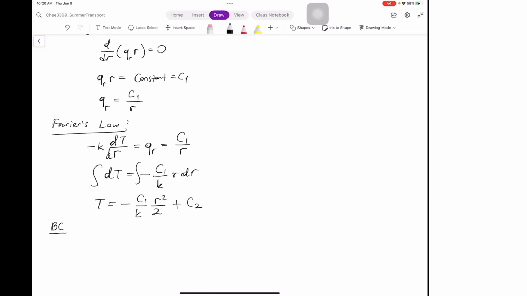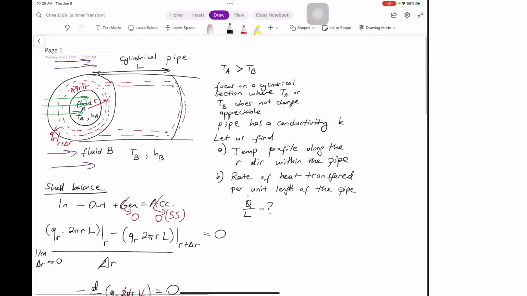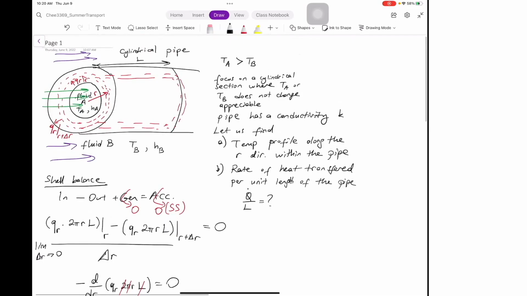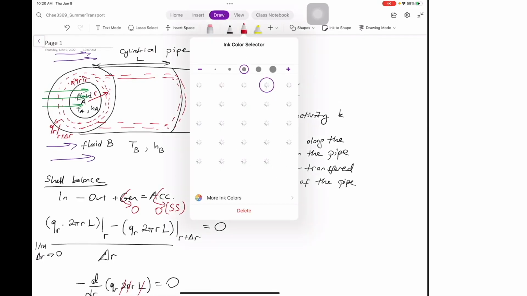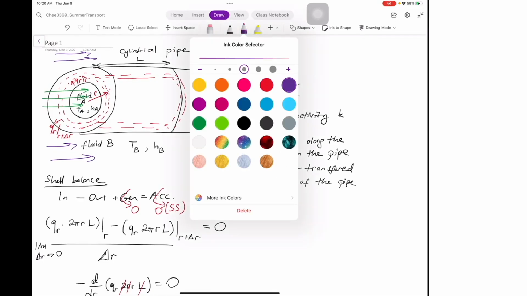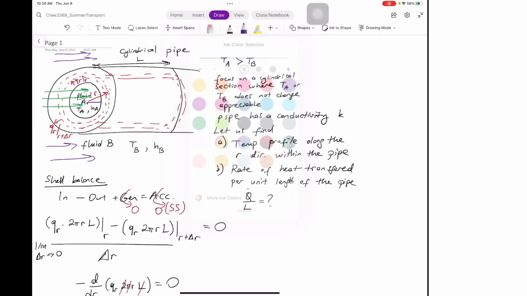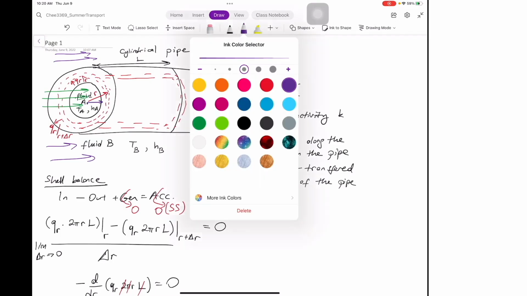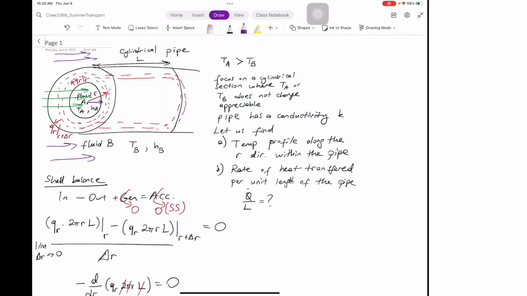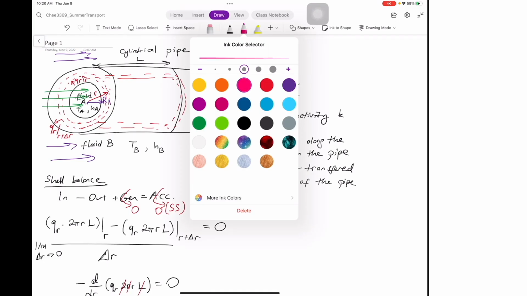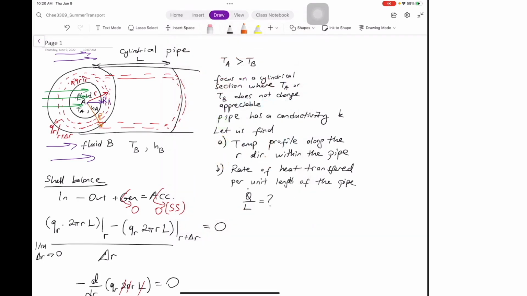Boundary condition 1: let's call this R1 and this R2.